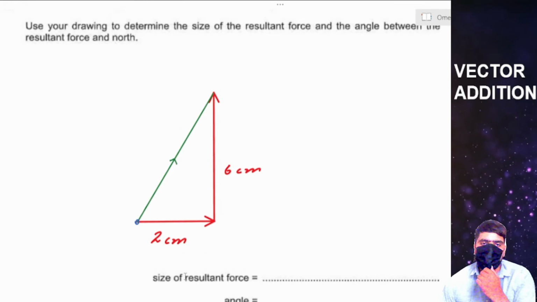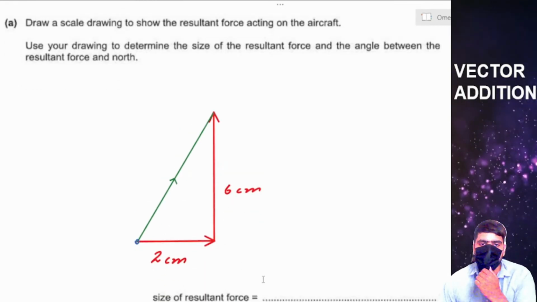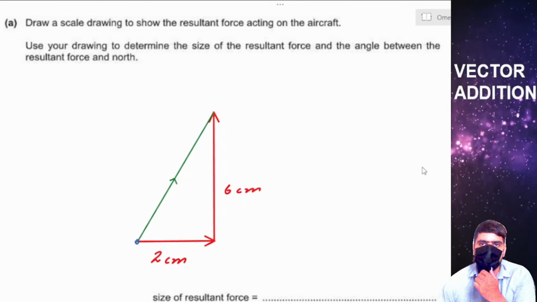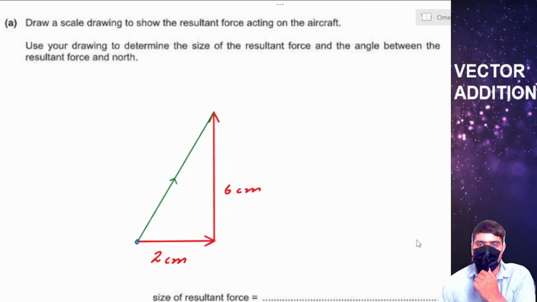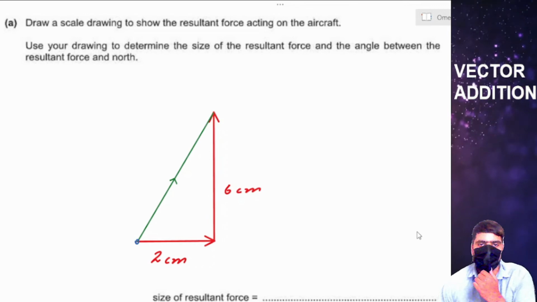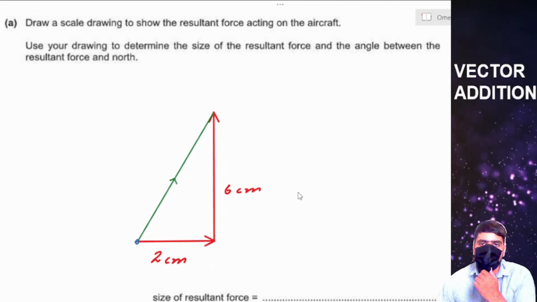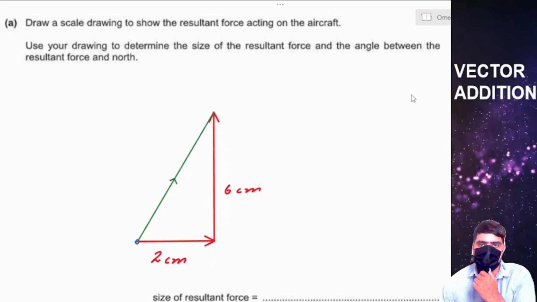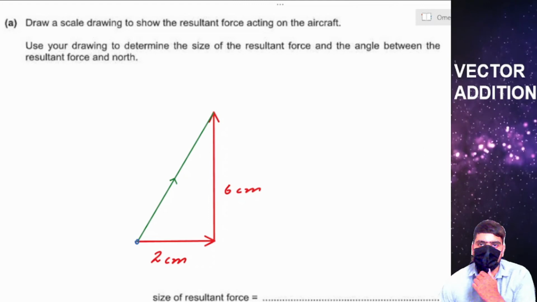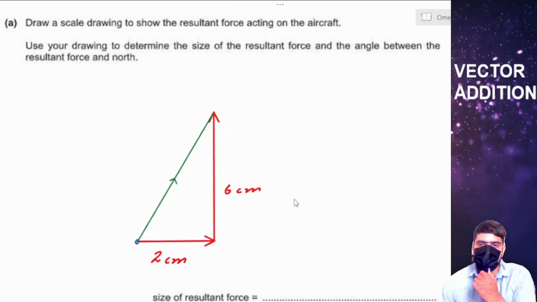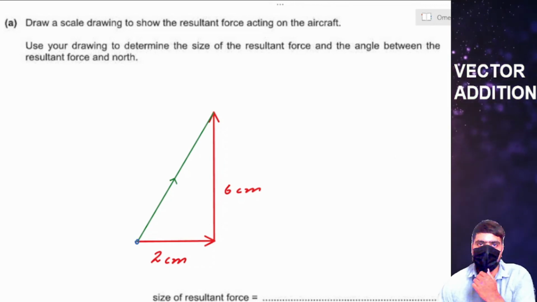I'm not using the calculator, I'm using the ruler, and the length of the line according to the ruler is, square root of 40, 6.3.